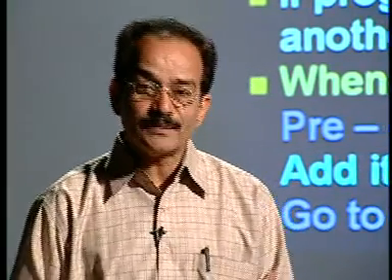Or another scenario can be that the time slice allocated to this particular job is over. What I do is, I take out this job from the system, preempt the program, and load another program into the system.